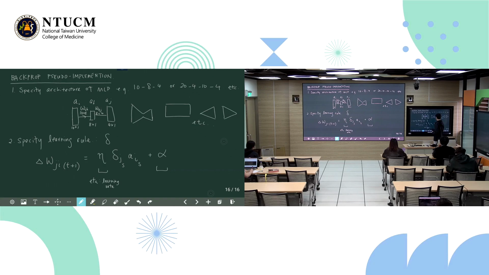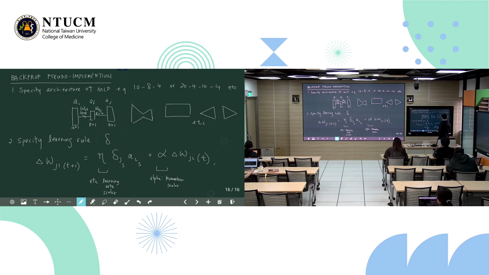This one is alpha, and it is the momentum. These are scalars, by the way, meaning that they are just one number. They are not a vector. At time t.